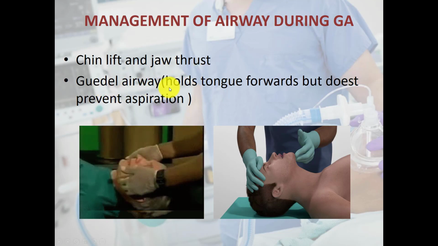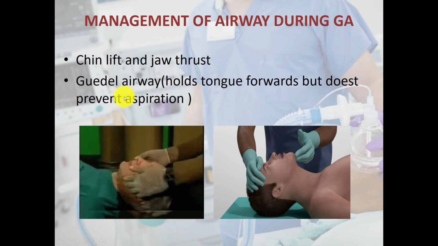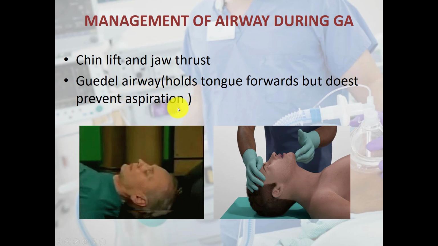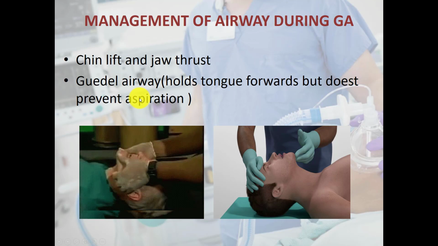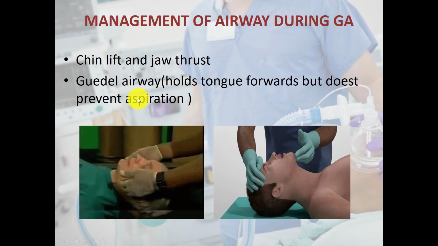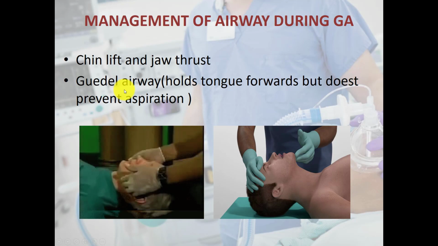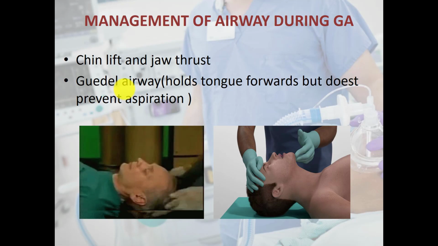The Guedel airway, as you already know, holds the tongue forwards but does not prevent aspiration. So if the procedure is long, we cannot use the Guedel airway for maintenance of the airway.